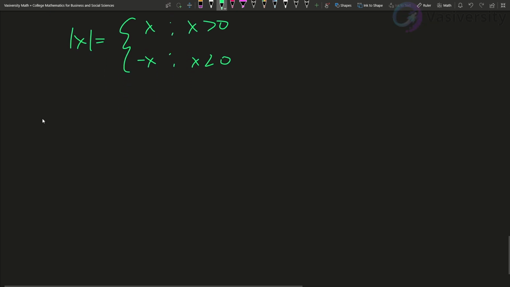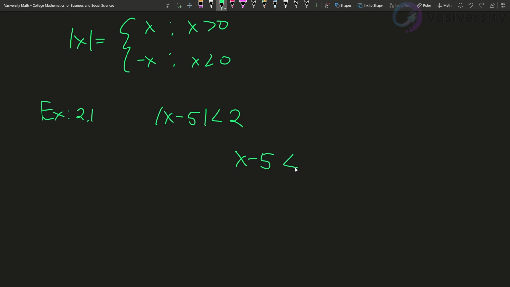So I'm going to call it example 2.1. We have absolute value of x minus 5 is less than 2. Okay, so what does that mean? That means we have two solutions, right? We are dealing with x minus 5 being less than 2 and greater than negative 2, right? The rules of inequality still apply.